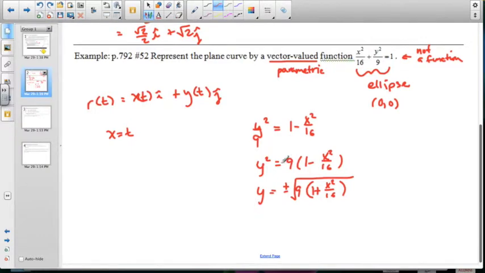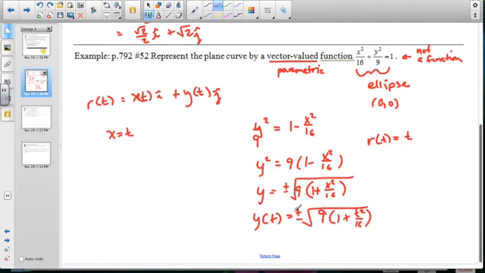And so we have to represent it as a family of vector valued functions. So for instance, we would have r of t, maybe the upper portion of the ellipse. So it would be t, and then expressing this in terms of t is just rewriting it and pulling out the x variable and putting in the t variable.